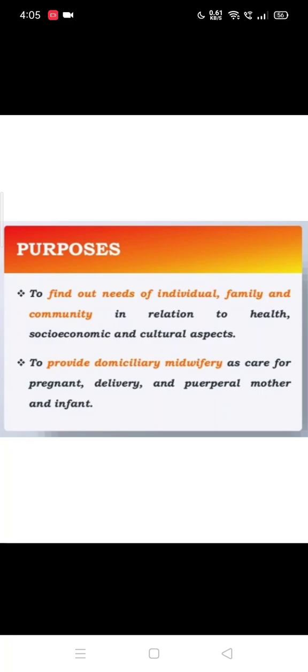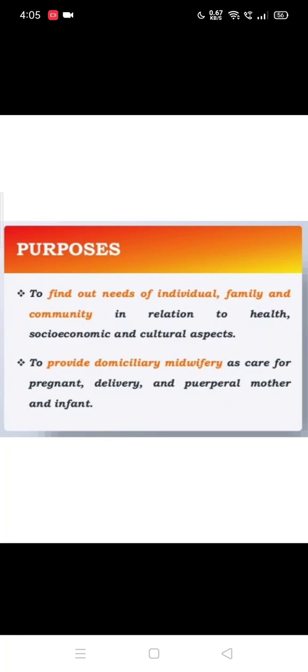When we are doing home visiting, we can find out which women are pregnant, which women are going to deliver, like the delivery date is near, and which women have given birth, the delivery is over. All those things we can find out once we are doing the home visiting.